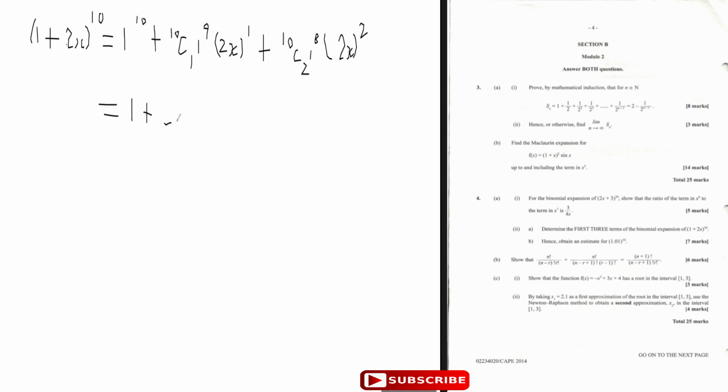So it's 1 plus 20x, plus 10 choose 2. 10 choose 2 is 45. 45 times 2 squared is 180. So this becomes plus 180x squared. That is 1 plus 2x to the 10.